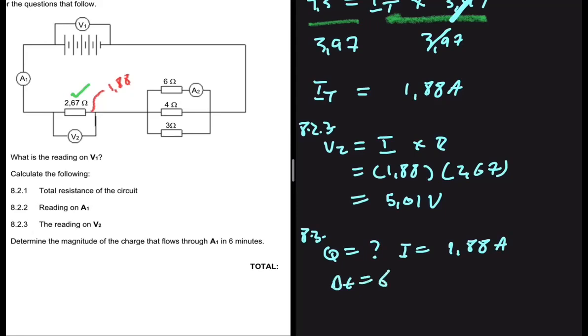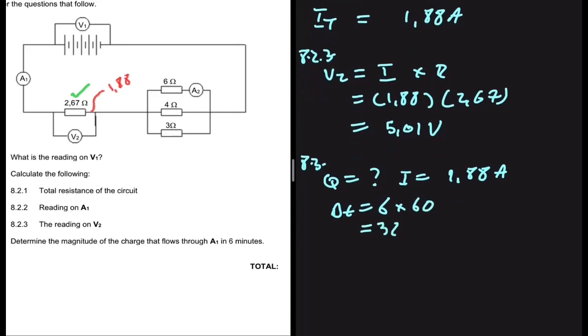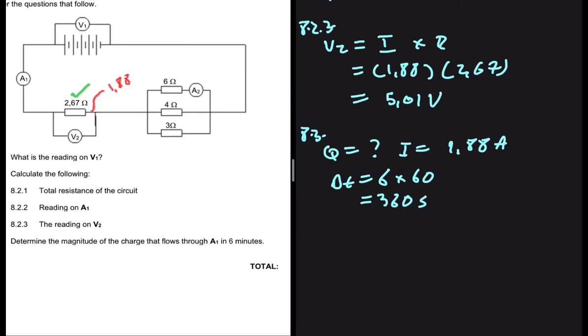But we know in physics, we don't use minutes, but we use seconds. So let's convert that 6 minutes to seconds by multiplying with 60. So 6 multiplied by 6, that is 36. You just put the 0 on and you have your time being equal to 360 seconds. Now what you need to recall is the definition of current, the rate of flow of charge.